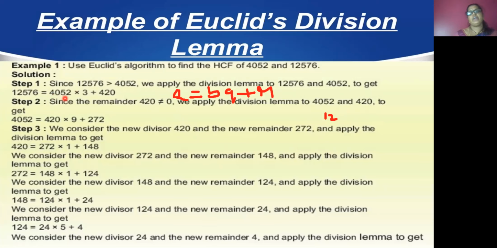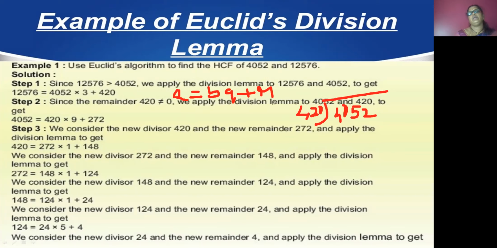So now, when we divide 4052 by 420, we get 420 into 9 plus 272. Shall we check? Is it true or false? Check with me: 4052 divided by 420, because that is the remainder we got in the first step.